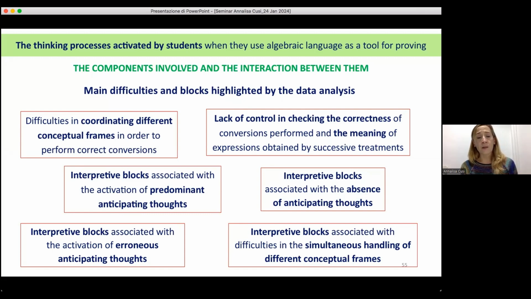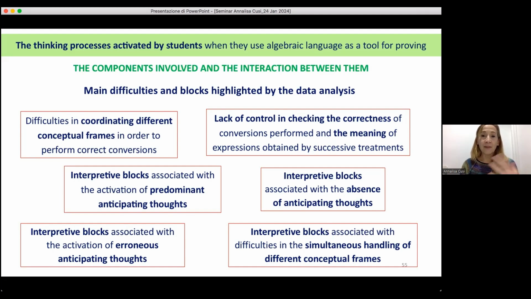Interpretative blocks associated with the activation of predominant anticipating thoughts, again, like in the example, but also sometimes associated with the absence of anticipating thoughts, activation of erroneous anticipating thoughts, or associated to difficulties in handling different conceptual frames together.